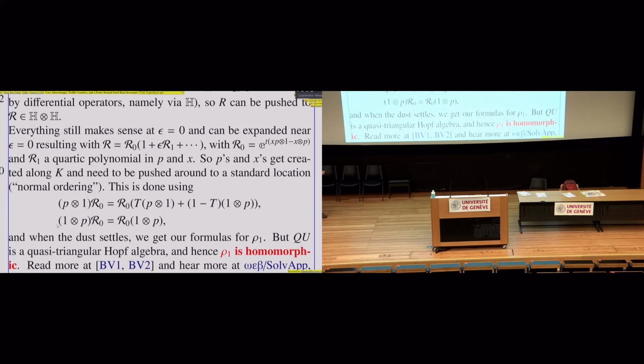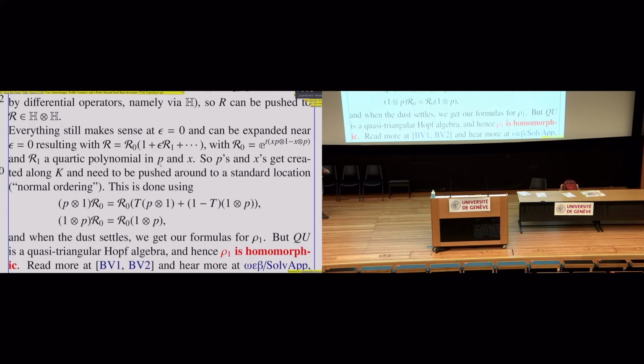And when you set epsilon equal to 0, you can actually expand everything in powers of epsilon. And you get that the R matrix can be written as R0 times 1 plus epsilon R1, where R0 has some explicit formula.